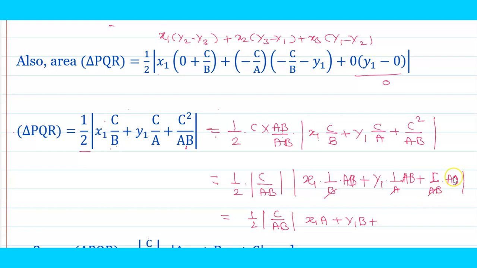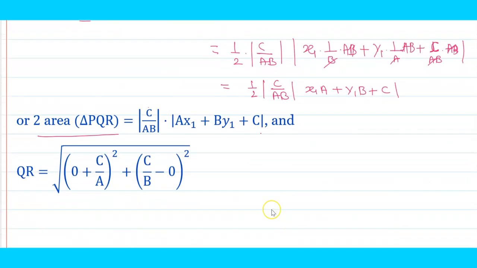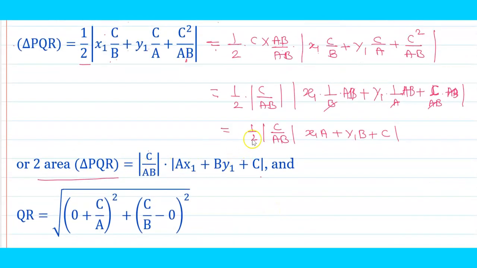Lastly, this AB gets cancelled and the term C will remain there, plus C. Then transfer this 2 to the left hand side, then it will become 2 times area of triangle PQR is equals to C upon AB in bracket, okay, Ax1 plus By1 plus C.